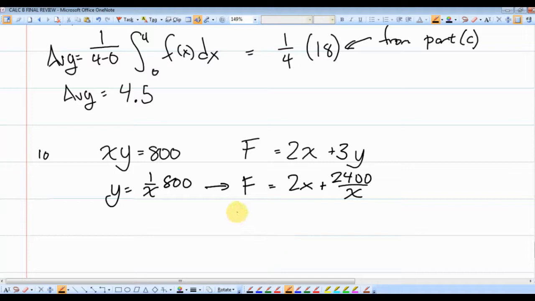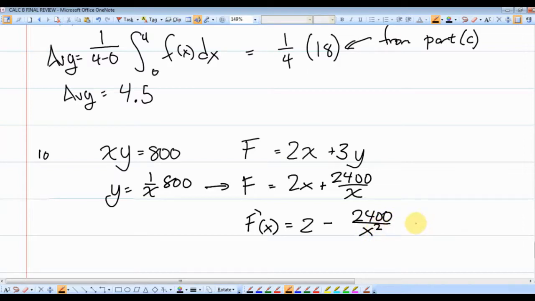This we want to minimize. So we're going to take a derivative. Oh, no, there is no boundary here, is there? X can go infinitely. Okay, so f prime of x is 2 minus 2400 over x squared.